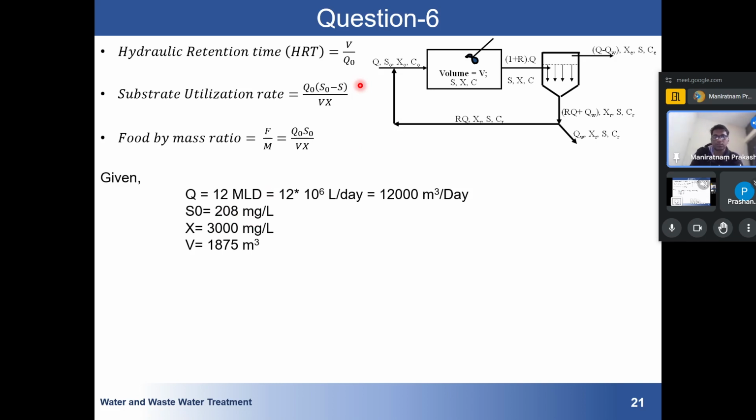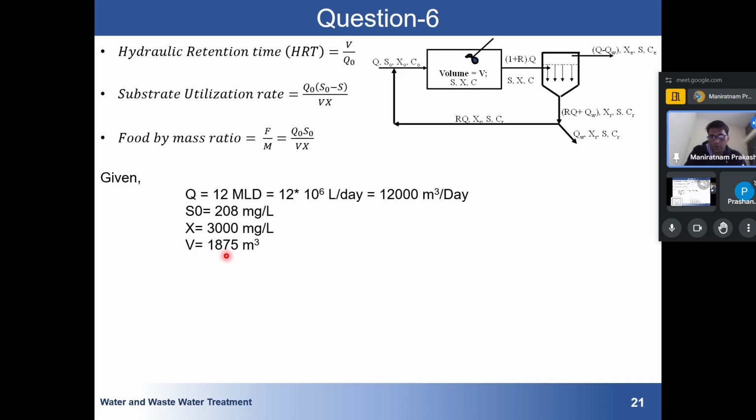BOD means biological oxygen demand, which is also referred to in terms of oxygen, the presence of organic matter. Then there is X. X is substrate concentration, that is 3000 milligram per liter. Sorry, X is microorganism concentration. I said something wrong.